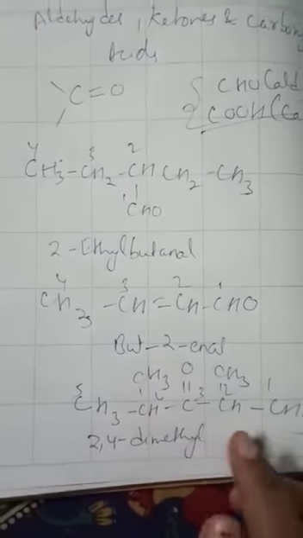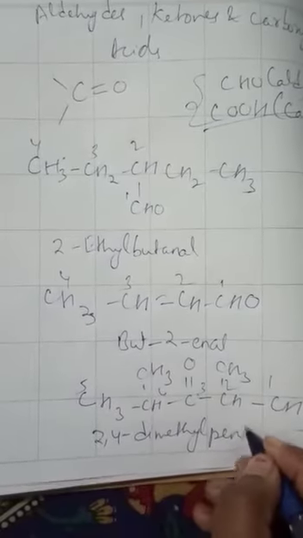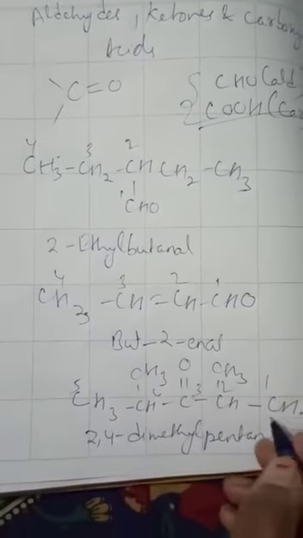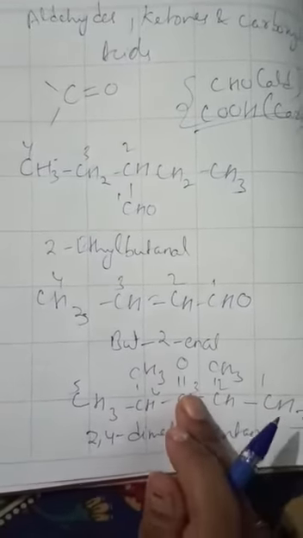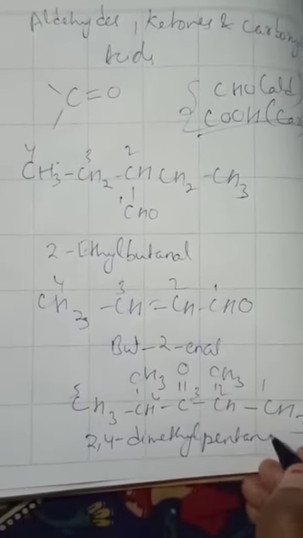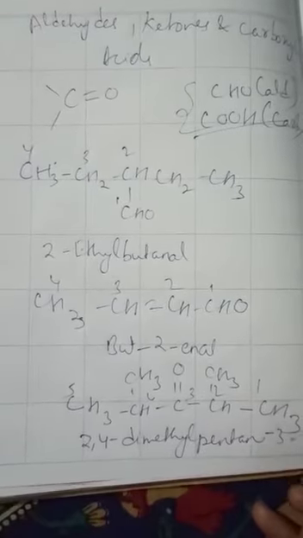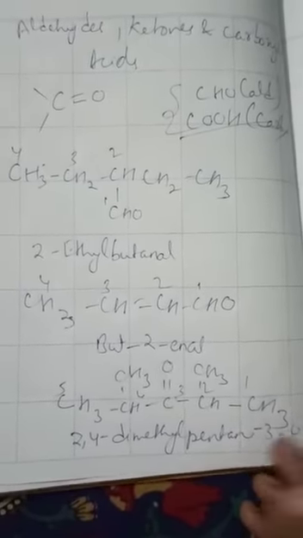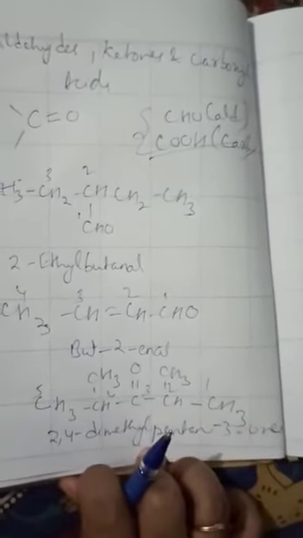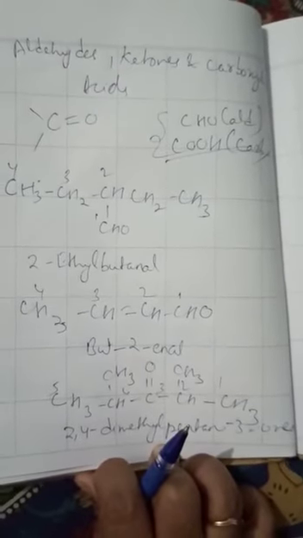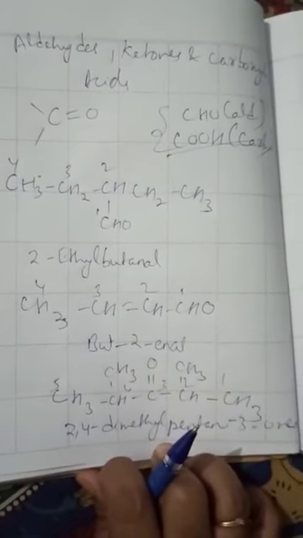This is a 5-carbon chain, so it is pentane. On the third position we have the ketone group, so we write 3-one. So this is how we name the organic compounds containing the carbonyl group.